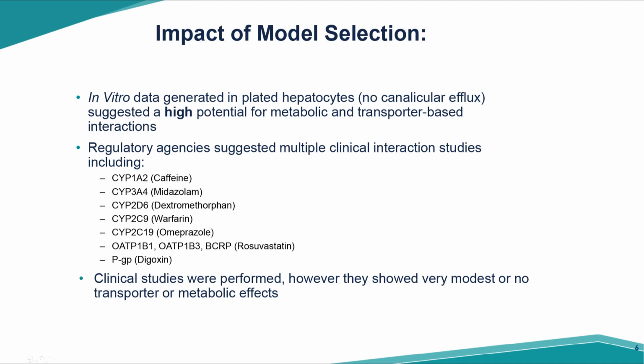And so Intercept at that time went ahead and did all of these clinical interaction studies, and the net result of that was they were all pretty much negative, saying there weren't any interactions. So of course they were very happy about that and wanted to go ahead, but I think they realized then that they had wasted a lot of money and, more importantly, time in moving their compound ahead.